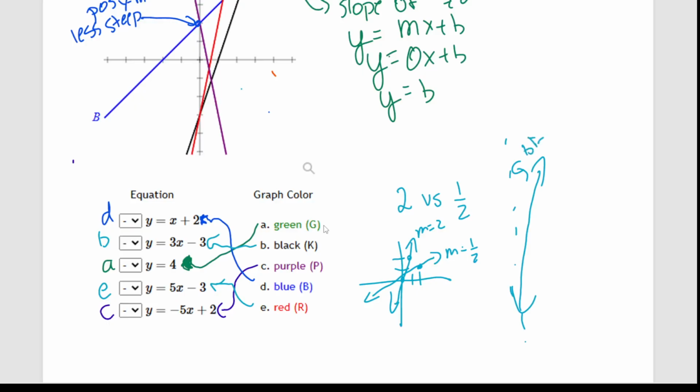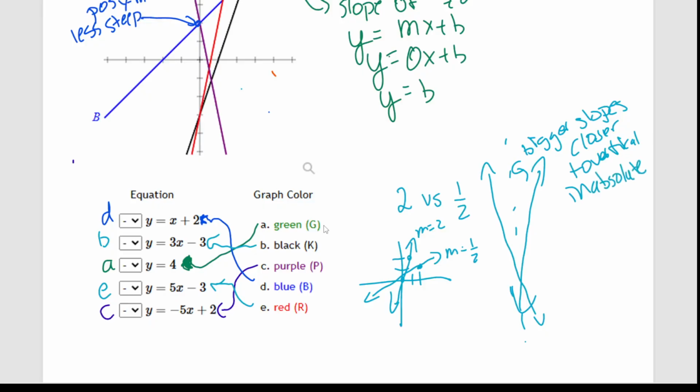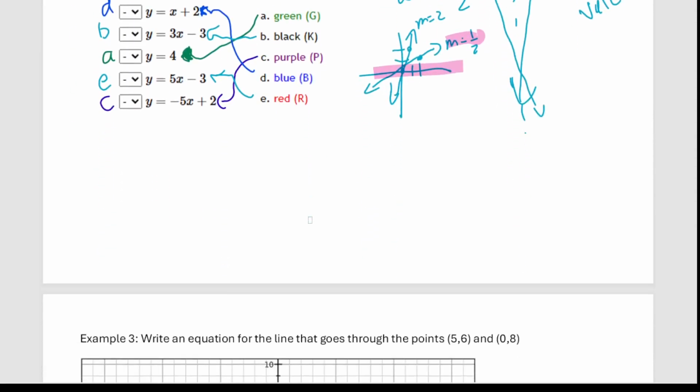So bigger slopes in terms of absolute value, because if it was negative 5, it would just be really steep in the other way, right? Bigger slopes are closer to vertical in absolute value, while shallower slopes, such as m is 1/2, are going to be closer to a horizontal line in absolute value. That's always something visually to keep in mind.